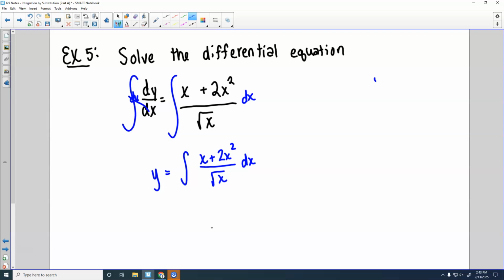Now, what do you guys think, what should we do here? Okay, I like that. So make it like x to the negative 1/2. Okay.